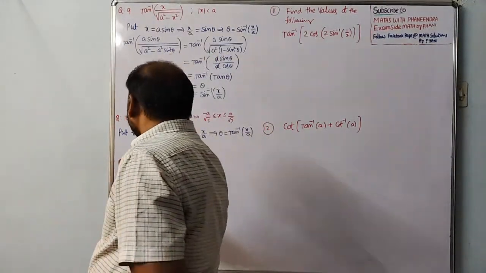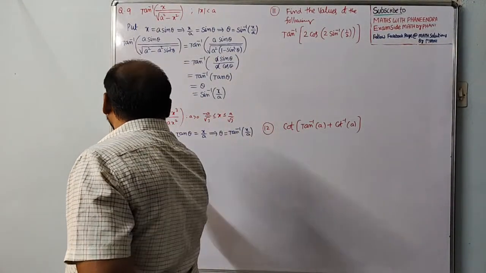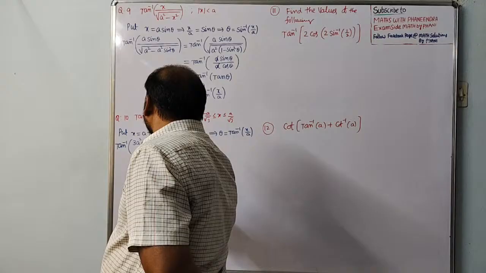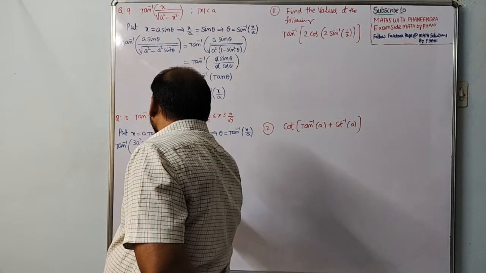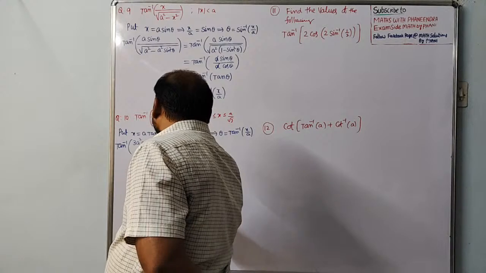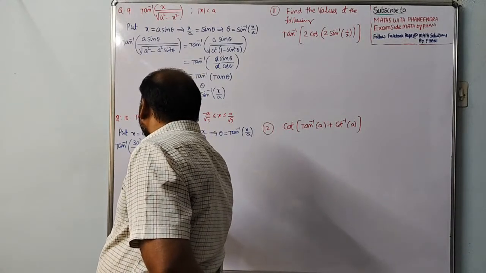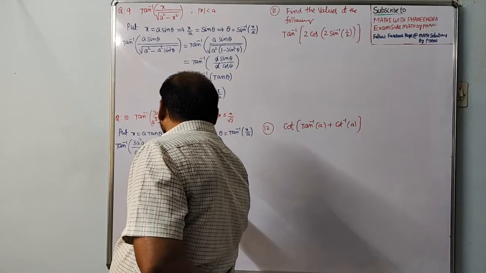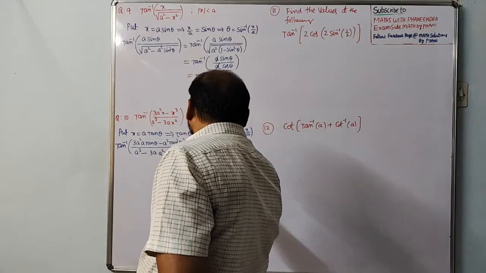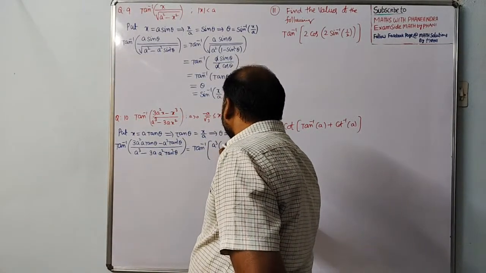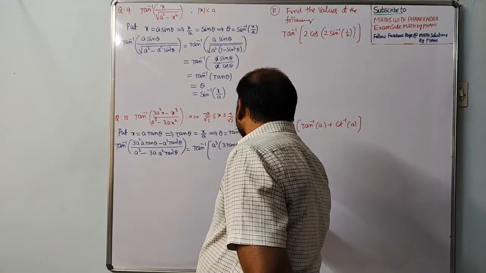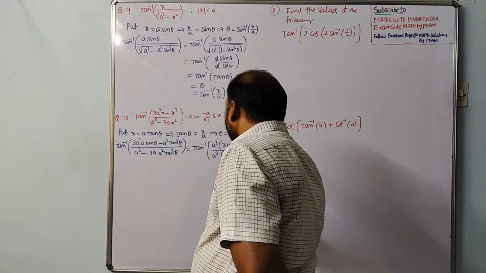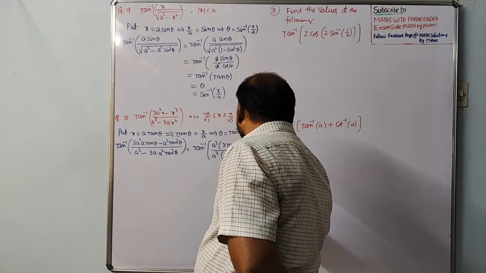So therefore, tan inverse of 3a square in place of x, a tan theta minus a cube tan cube theta by a cube minus 3a into a square tan square theta. Tan inverse of a cube common, 3 tan theta minus tan cube theta divided by a cube into 1 minus 3 tan square theta.